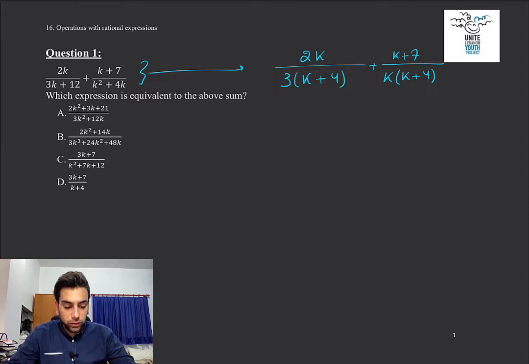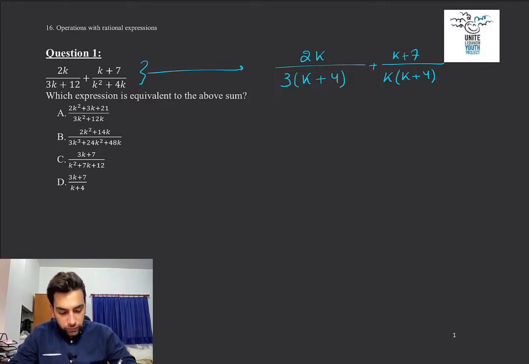Next, what we need to do is to find what's common between the denominators, which is the expression k plus 4. Accordingly, for the first part, I will multiply by k in the numerator and the denominator, and for the second part, I would multiply by 3 in the numerator and denominator.